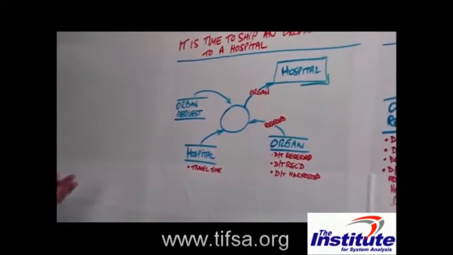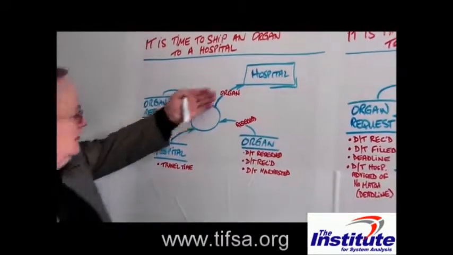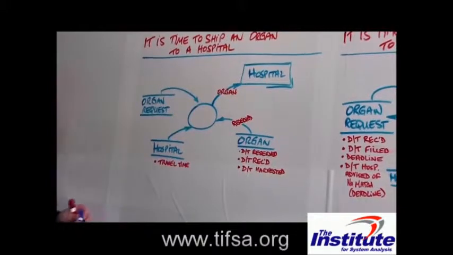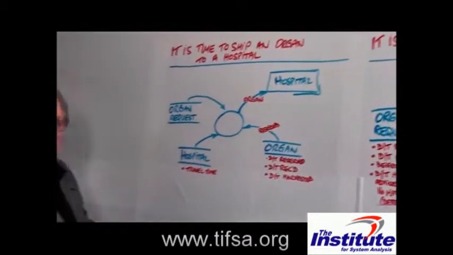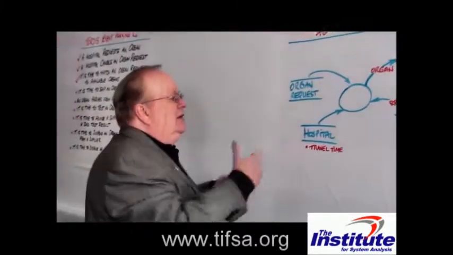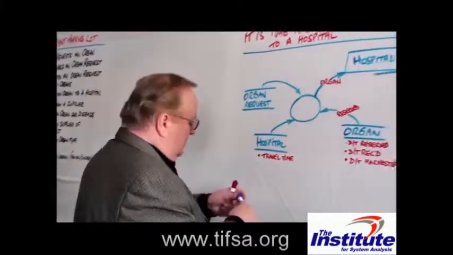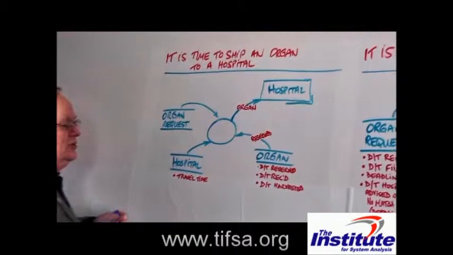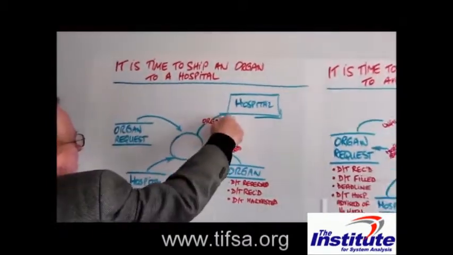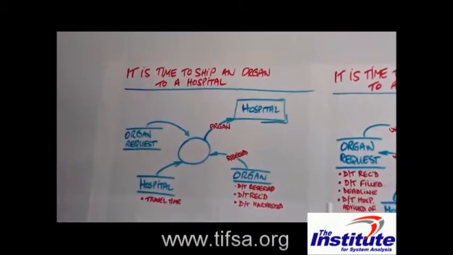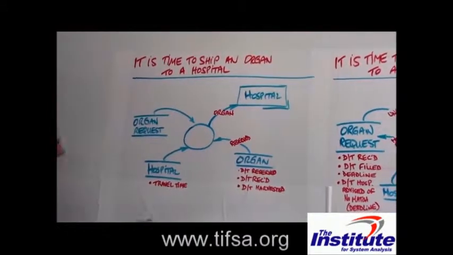So the question then becomes, we can ship it to the hospital, or we don't ship it because we didn't find a match that could get to the hospital in time. Do we want to remember that we've shipped it to the hospital? Yes, we do, of course, right?